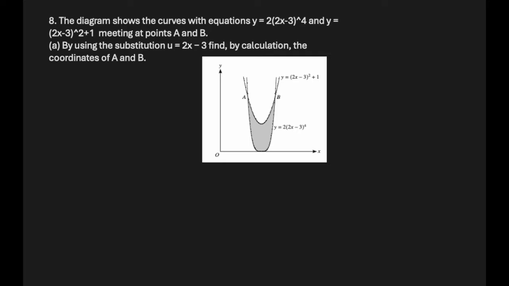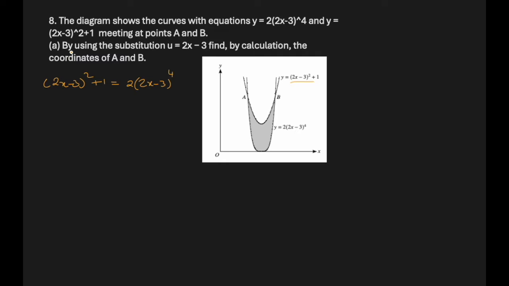To find the point of intersection of two curves, we just equate the curves. So I will write 2 minus (2x minus 3) square plus 1 is equal to (2x minus 3) to the power 4.